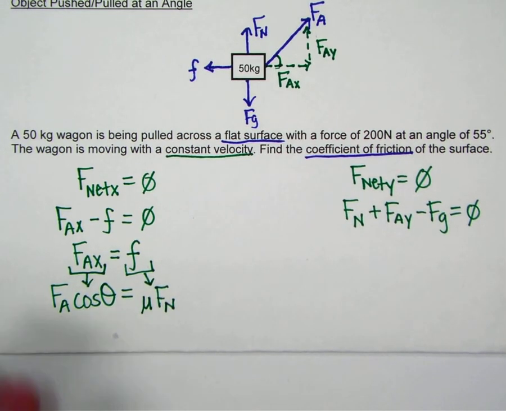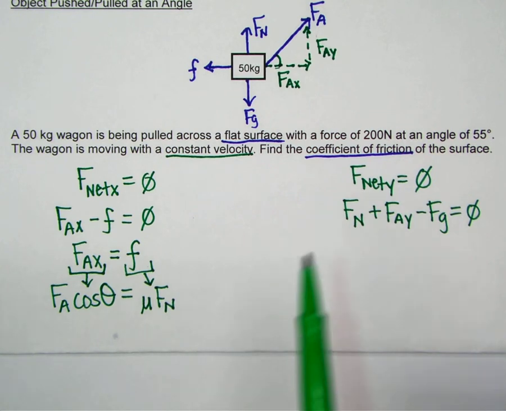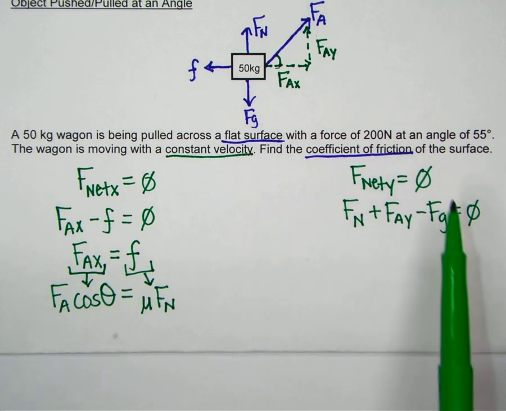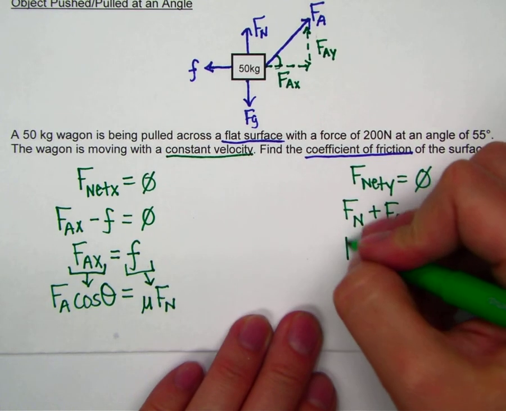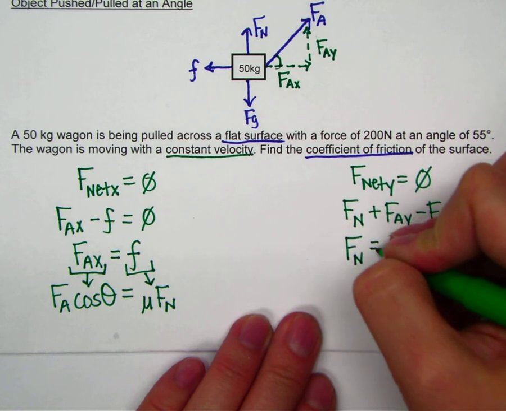This is where we have to pause and say, do I have a value for the normal force? No, not yet. We actually have to calculate the normal force using the y side of our net force equations. So that means we need to solve for Fn.